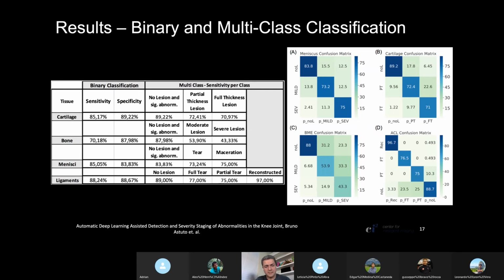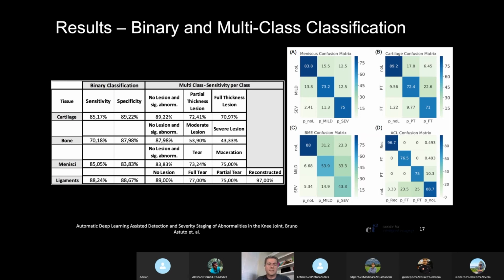Other than that, the models do well. Bruno, how do you know that 75% or 71% detection is good? Because we know that the radiologist can do more or less like this, so we compare with the radiologist.